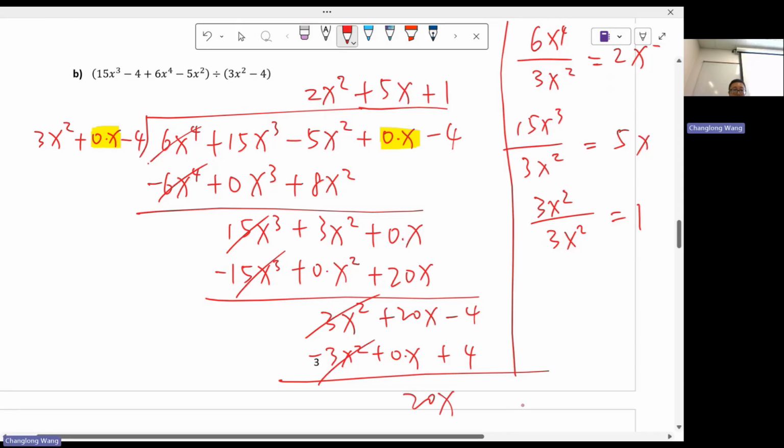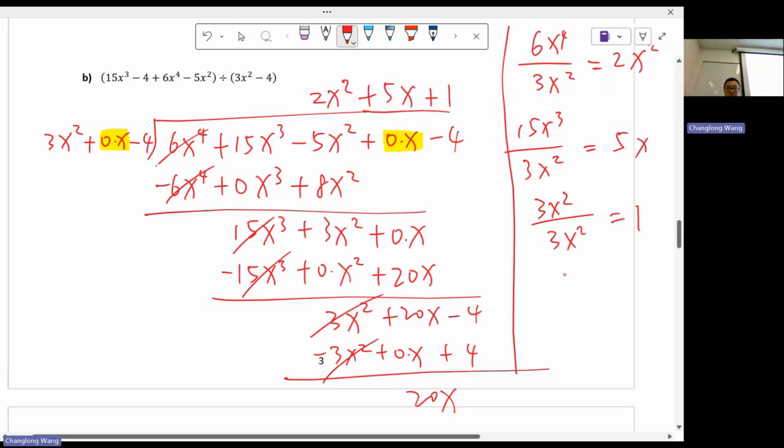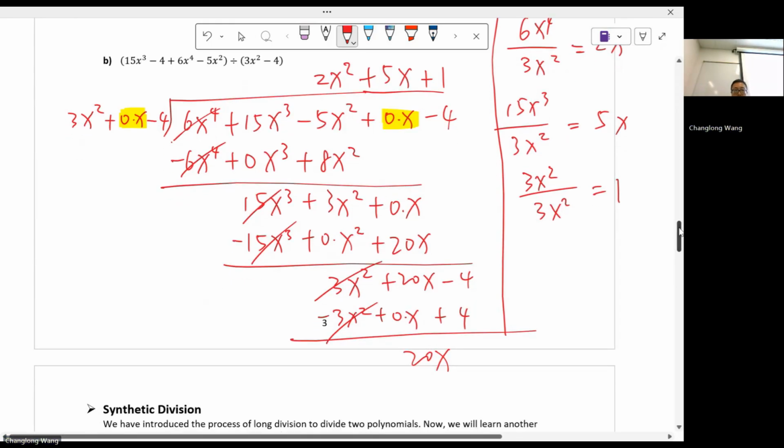And we stop simply because the new dividend has a lower degree than the divisor. This is just like you having a number and it being even smaller than the divisor, then you stop dividing, right? And that will make it a remainder. All right, so let me put the result in the standard form.